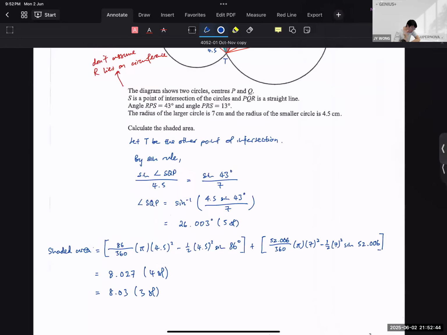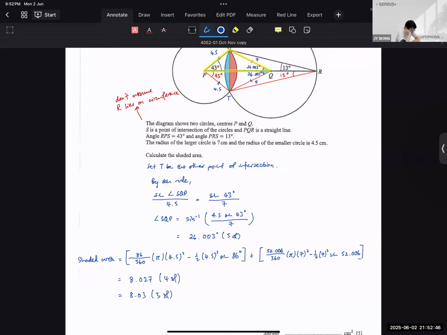Oh no. Wait a minute. You got 7 point something. It could be that I pressed the calculator wrongly. Who knows?